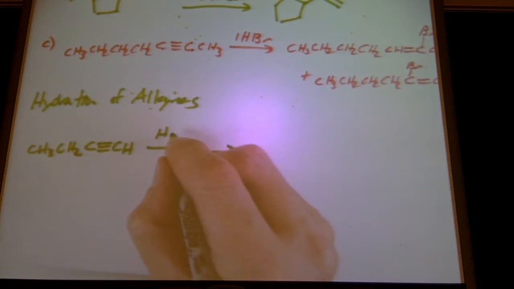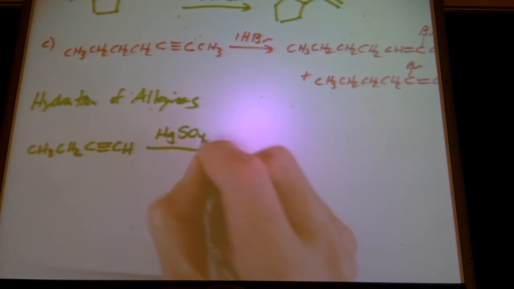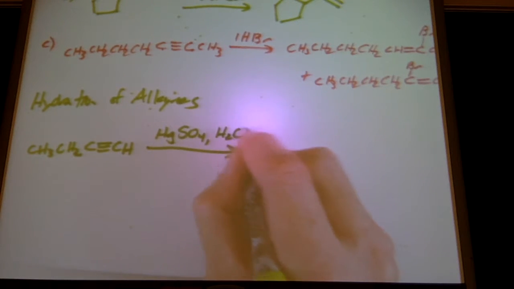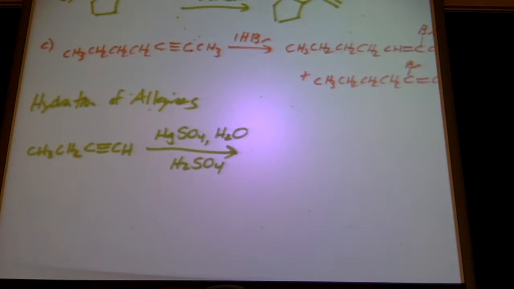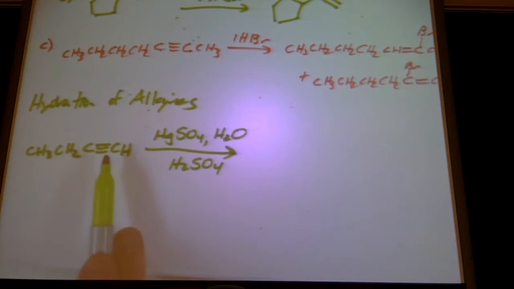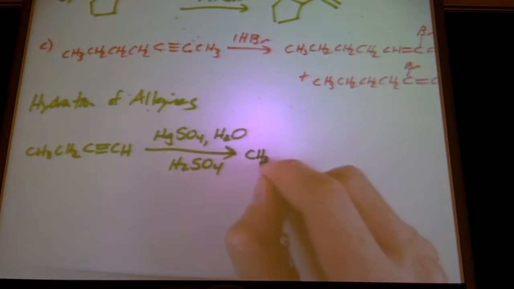This time, what's most commonly used is mercury sulfate, in a solution of sulfuric acid. Just like with the other reactions that we saw, we'll do the same thing. To add an OH group to the most substituted, my triple bond will become a double bond.